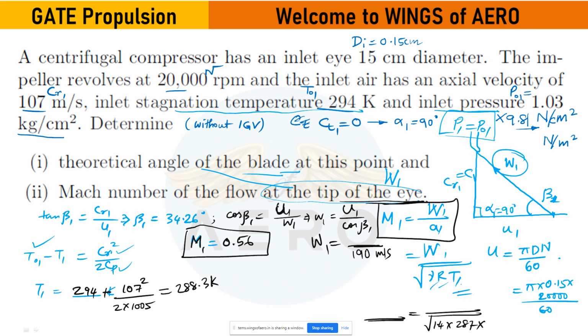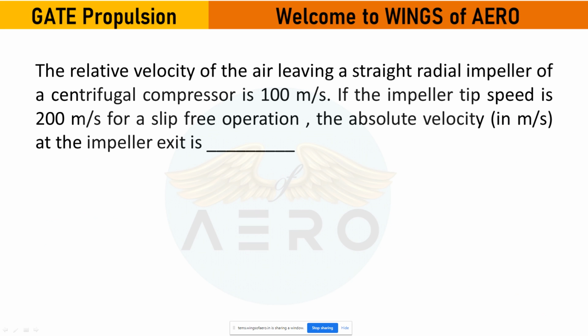Okay, all right. So after substituting, you got M1 equals 0.56. Yes, this is a very simple problem, but let's try.